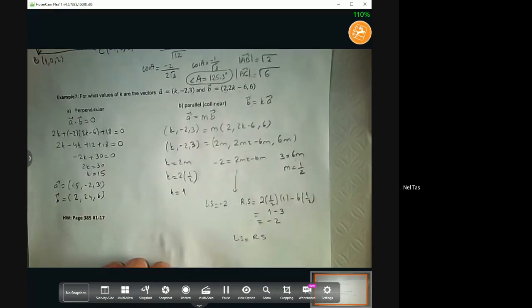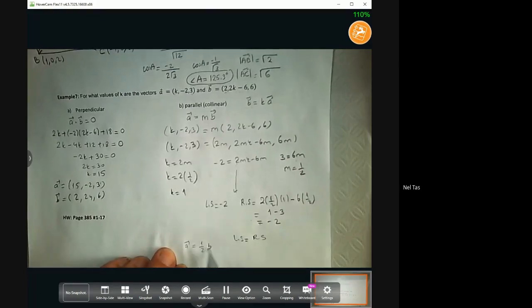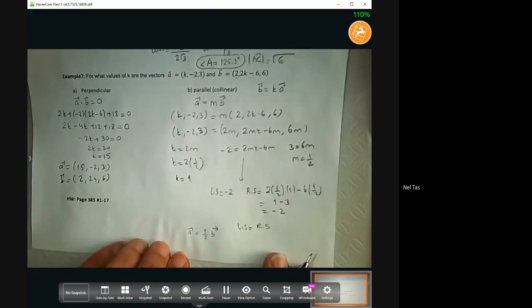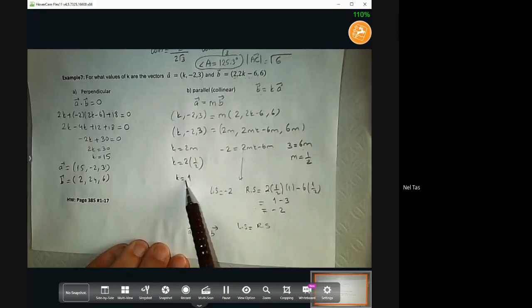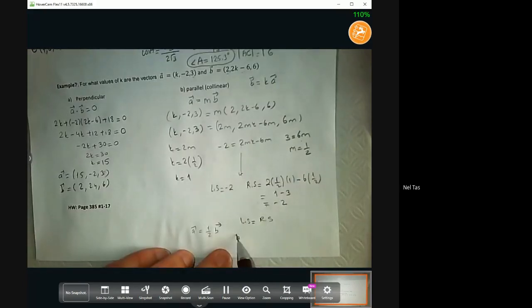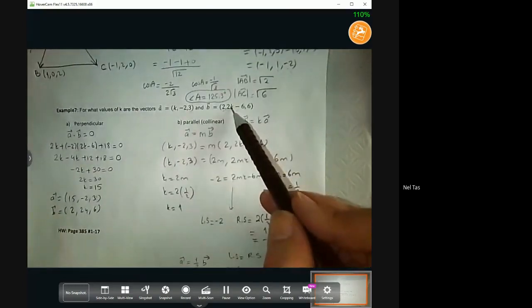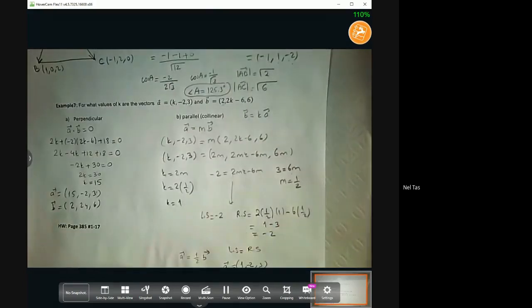So we can get a by multiplying the b vector by one half, and k is 1 in that case. So a is (1, -2, 3), and vector b is (2, 2 minus 6 is negative 4, 6).